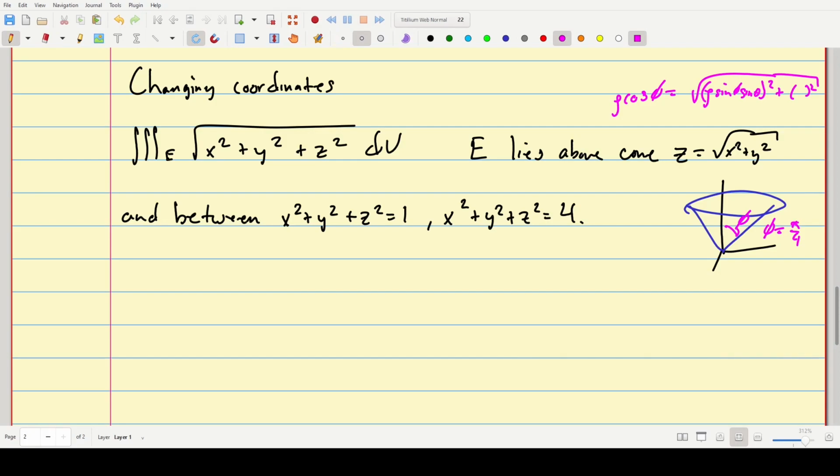Okay. And then otherwise, we have the cone, and then we have a sphere of radius 1 and a sphere of radius 2 that this cone cuts into, right?